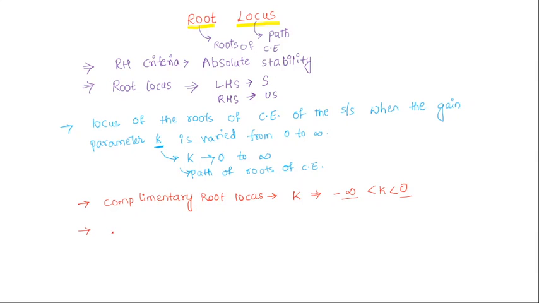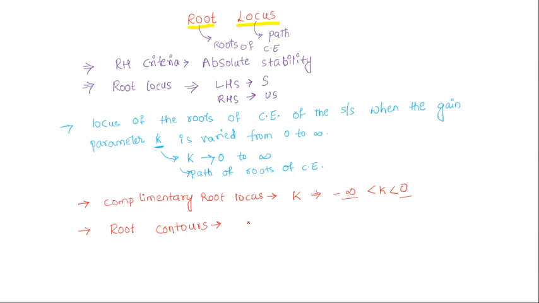And we are having root contours. In case of root locus and complementary root locus, we are varying the k value, but in root contours, some other parameter. In the transfer function, we are having various parameters.